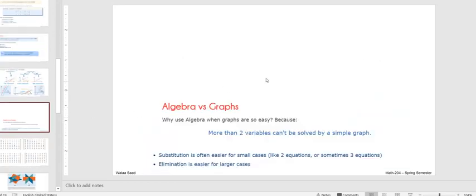Okay, so if the graph is very easy, like we have seen now, why don't we use it? Simply because if the system is of higher dimension than two variables, the graph will be very difficult and we will need algebraic methods to solve.